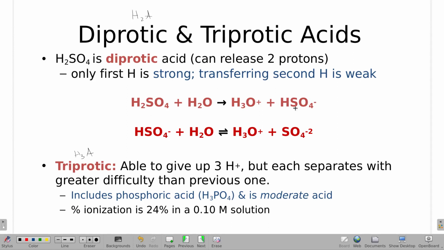And then that HSO4- comes down here, bumps into another water, makes another H3O+, and now it makes SO4 2-. Now, even though H2SO4 is a strong acid, only that first step is a strong one. All the rest are going to be two-ways. And even on the triprotics, at most there'll be one that's a forward reaction. The others are equilibrium reactions.